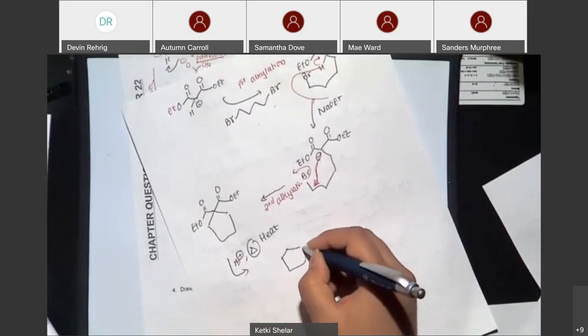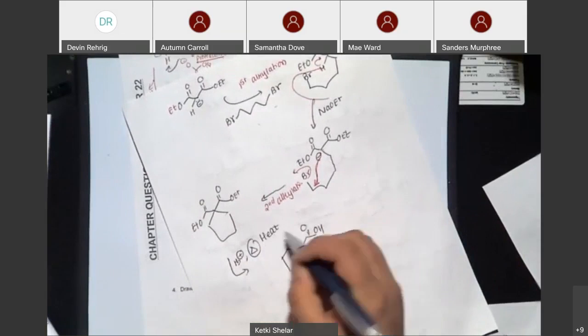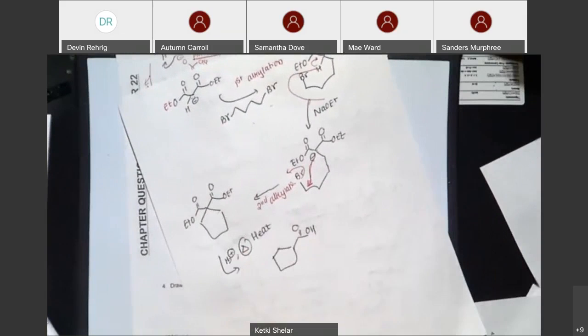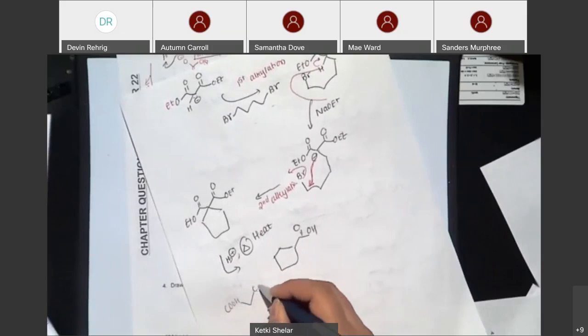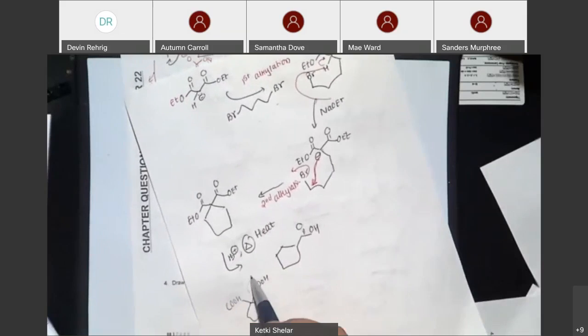And then it will form our compound, which is, because when you use H plus, both of these will form COOH and COOH. But when you heat, one of the geminal carboxylic acids is going to pluck off.